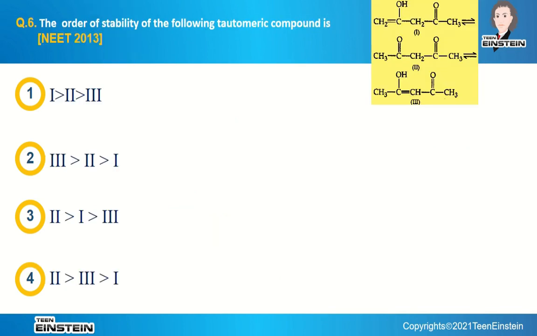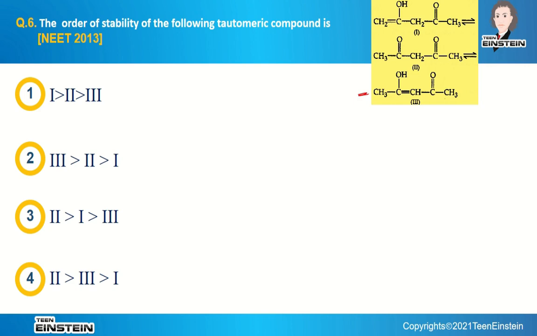Next, move on to the sixth question. The order of stability of the following tautomeric compounds is. Here they give 3 structures to us. The tautomer 3 has higher stability.